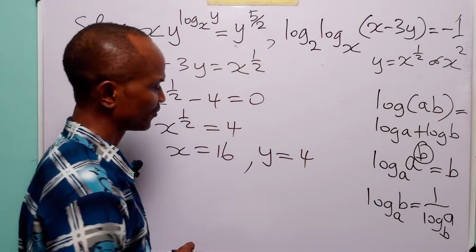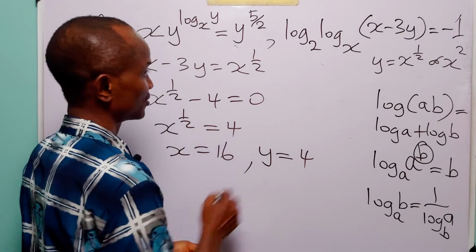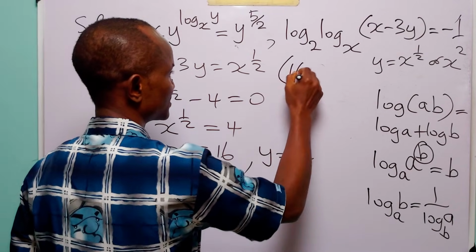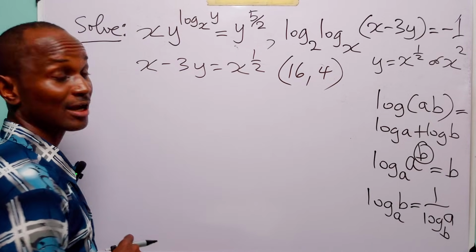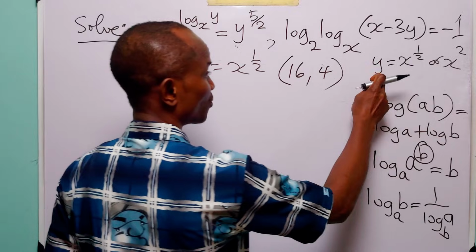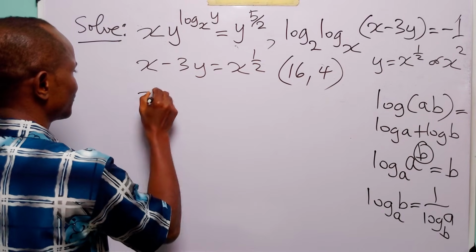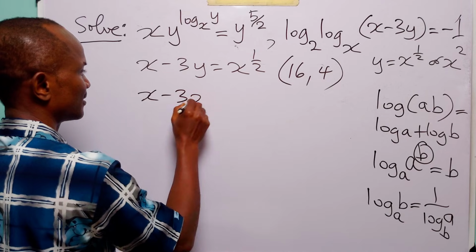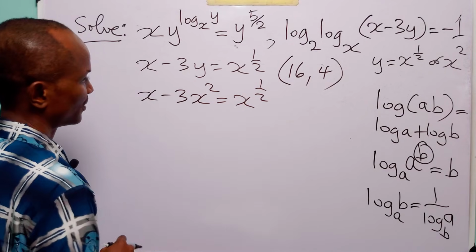So now you can see that we've gotten a value of x and y that satisfies this equation. X equal to 16 and y equal to 4. Now for the second case, when we substitute y equal to x squared into this equation, we have x minus 3x squared is equal to x to power half.